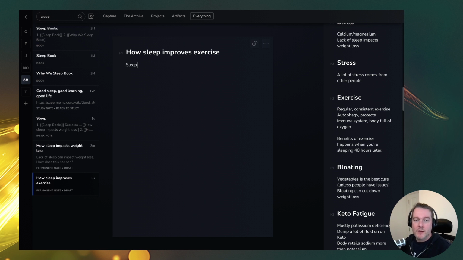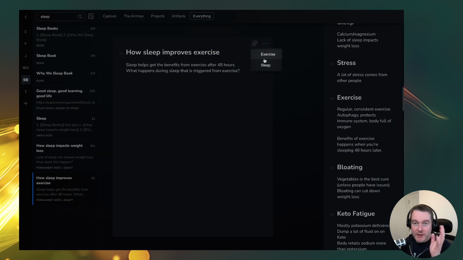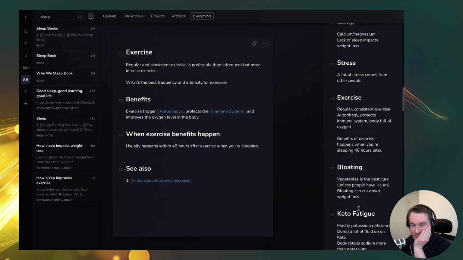Sleep helps get the benefits from exercise after 48 hours. So I can get more information on this: what happens during sleep that is triggered from exercise. So that's something I can think of at another time.